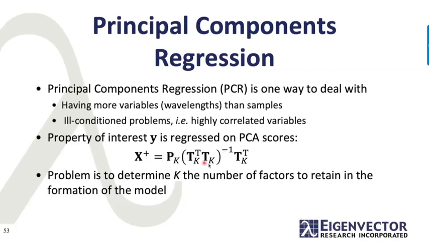So this translates essentially that result back into one that applies to all the variables. So that's the principal components regression. The trick now, of course, is that you have to determine K, the number of factors to retain in the formation of the model. So how many principal components do you use when you make the model?